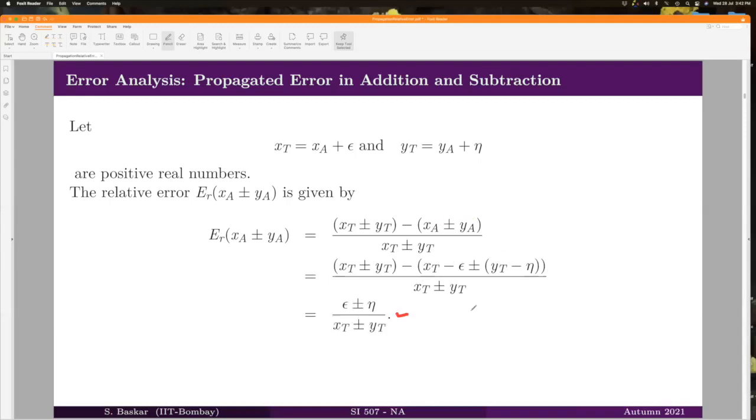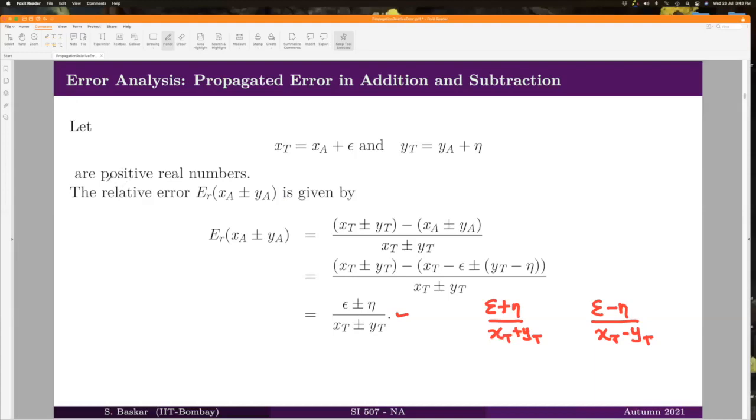Now you see, for addition, we have epsilon plus eta divided by xt plus yt, that is your relative error. Whereas for subtraction, we have epsilon minus eta divided by xt minus yt.